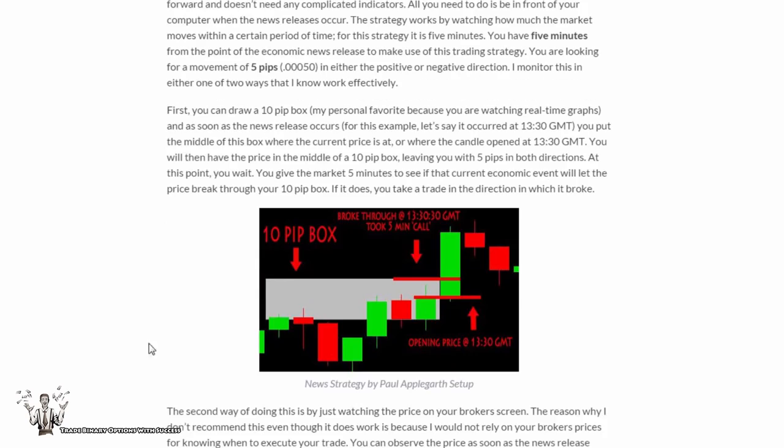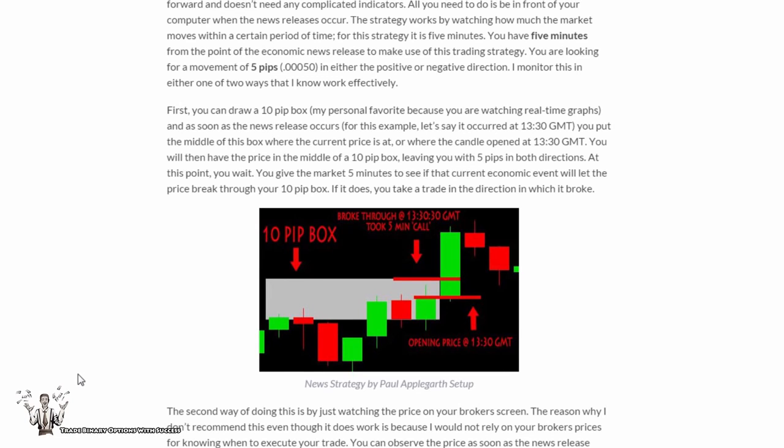Now let's move on. Basically what you're looking for is either a 5-pip movement in the positive or negative direction, right as soon as the news release occurs. For example, if it happened at 13:30 GMT, you would want to see the market move 5 pips positive or 5 pips negative. The way I analyze this is through a 10-pip box.